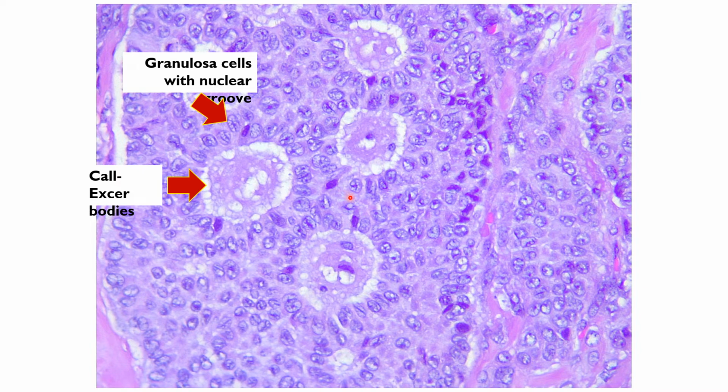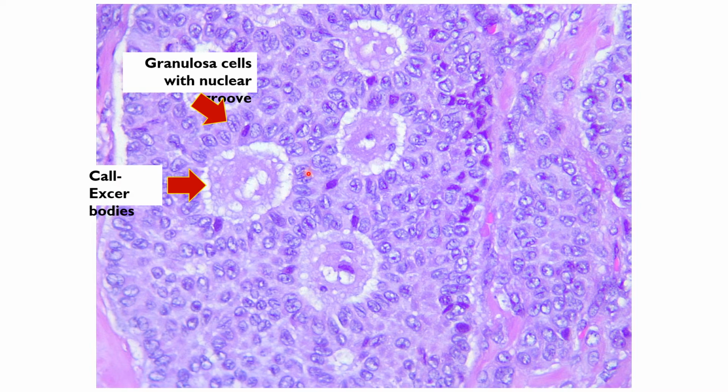The tumor cells are malignant granulosa cells with some characteristics like uniform round to oval nuclei. They have irregular nuclear membrane and show nuclear groove. Here's a nuclear groove, another one, resembling coffee beans.